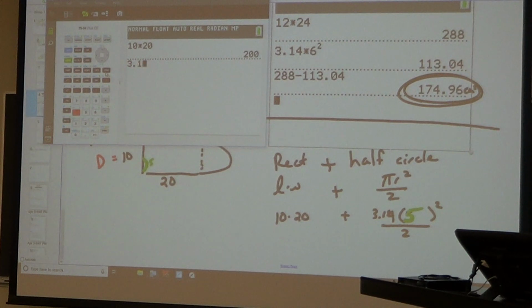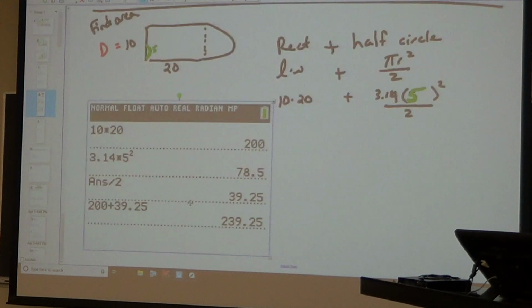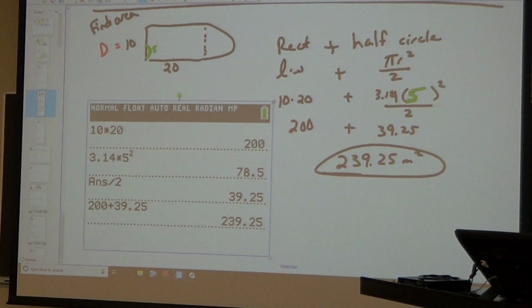For my circle, it's going to be 3.14 times 5 to the second, and I need to cut that in half. So it's going to be the rectangle plus half the circle. This is going to be 200, this is going to be 39.25, and when I put them together, I add whatever units I had on the answer.